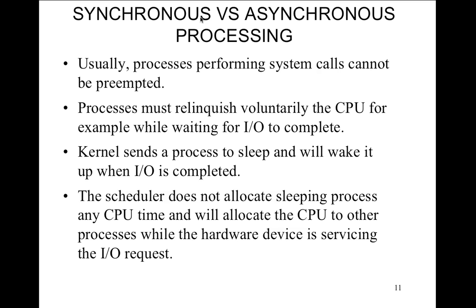And if you can do that with the kernel and the user mode, then you have true harmony on the operating system. Usually processes performing system calls can't be preempted. They run and then they're stopped. Do you really want to tell the operating system to stop? It's almost like building a house and removing the foundation. Do you really want to burn the foundation? No, the house is going to fall down.